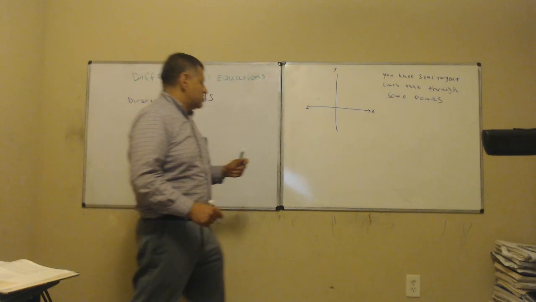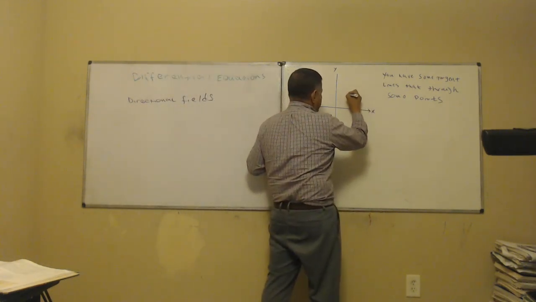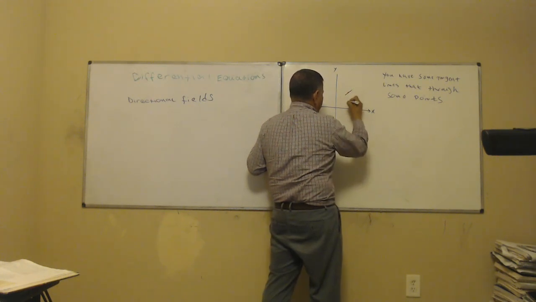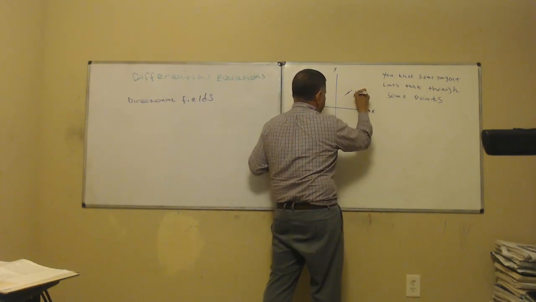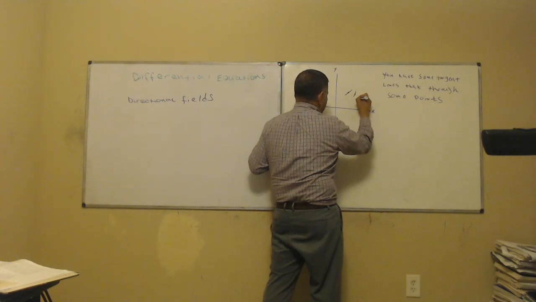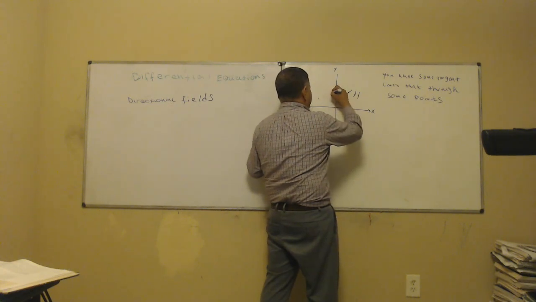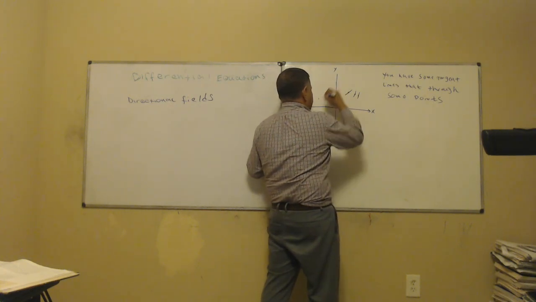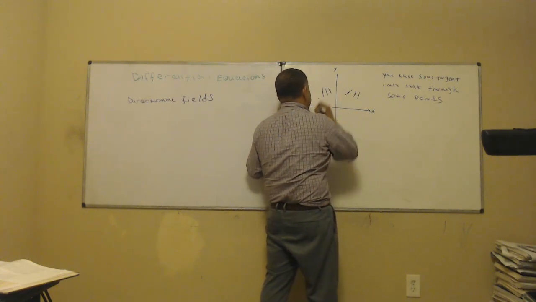So let's say you have a point like that, then another point like that, another point like that. Then right here you have a point like that, then a steeper point like that, and a steeper point like that.